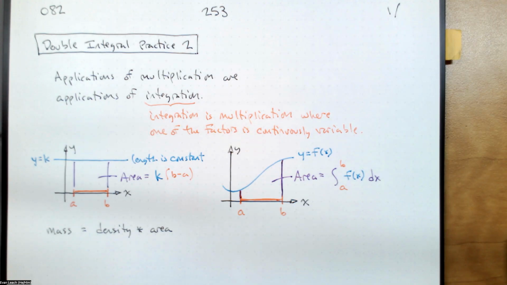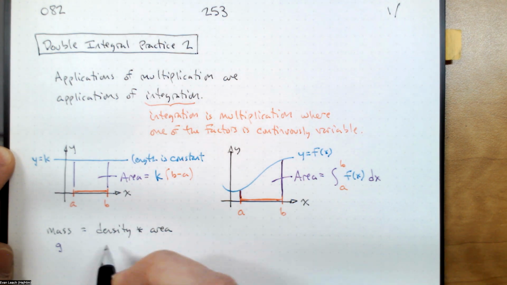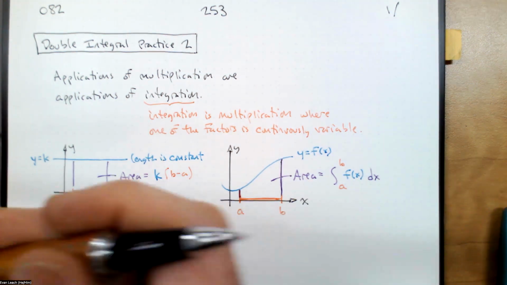We're going to use mass is equal to density times area because we have a region and not a solid. So our mass is going to be measured in this case in grams, which is going to be the density, measured in grams per square centimeter, times the area.